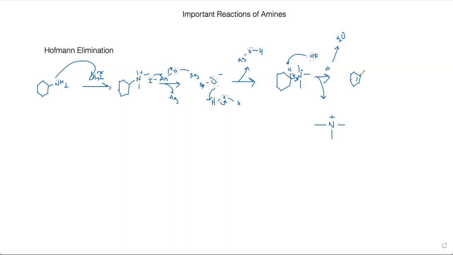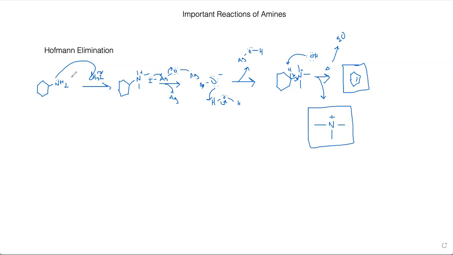So that's kind of an interesting mechanism. And all it does is it's the process of creating tertiary amines and alkenes. So here's our alkene product. Here's our tertiary amine product.